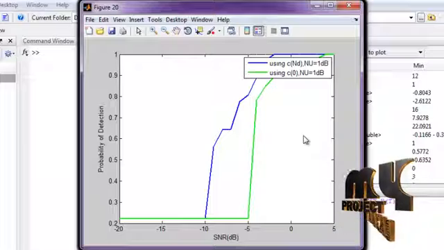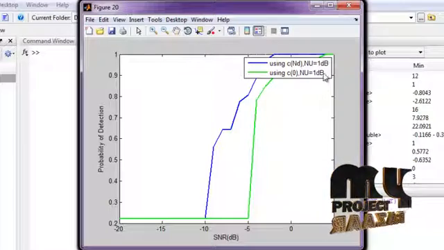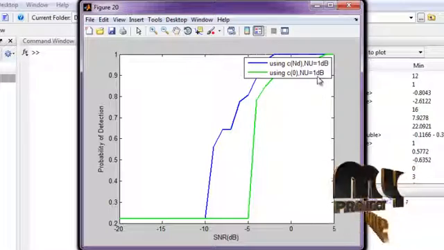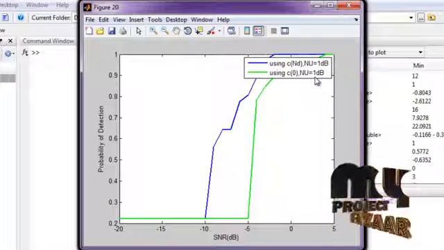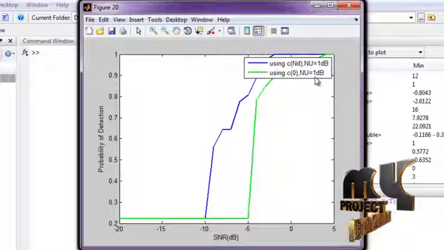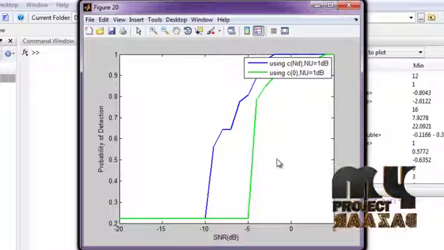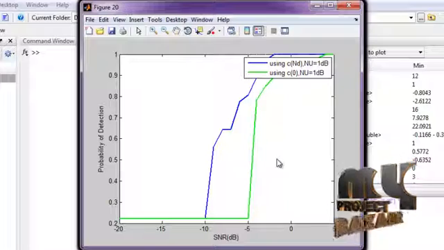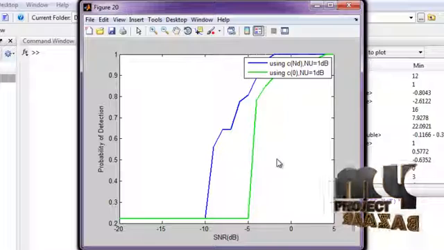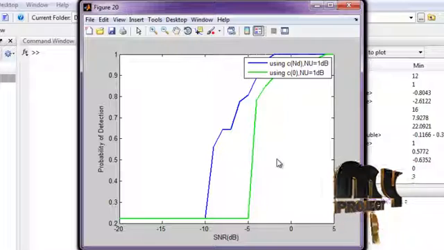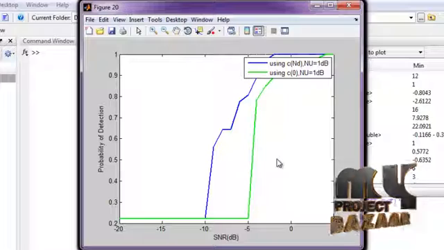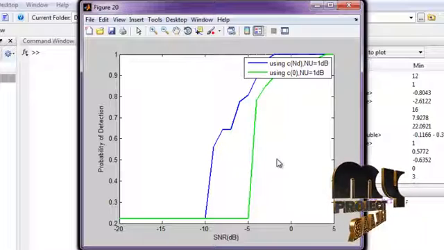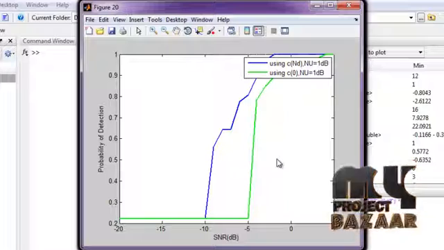This is the probability of detection curve for one user between the OFDM and AWGN noise signals. Finally, we obtain the detection of the OFDM signal based on the Cepstral coefficient. Here we estimated the Cepstral coefficient under AWGN noise and also the OFDM signal. Thank you.